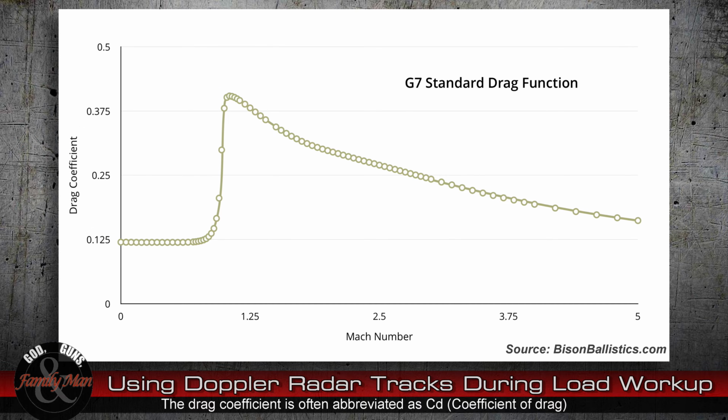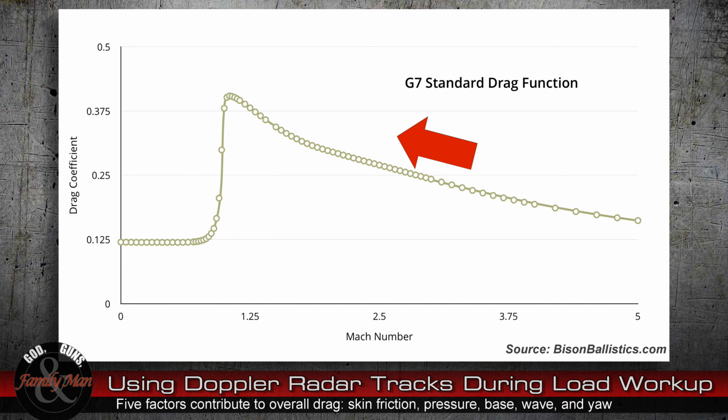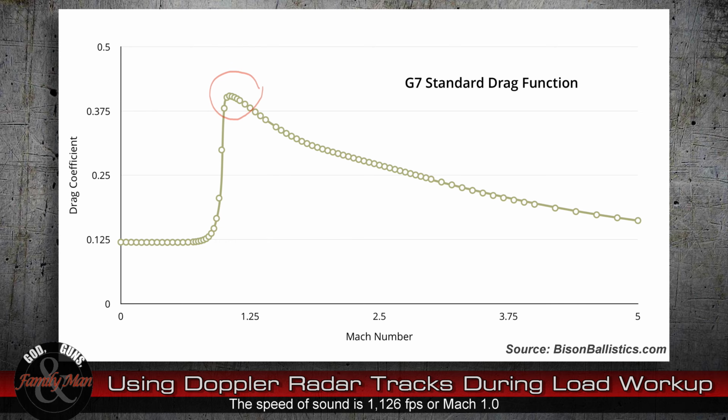At the muzzle and at those real high velocities, drag is relatively low in comparison to other points along the bullet's flight. As the bullet slows and nears the speed of sound, drag increases. Then, as the bullet passes through the sound barrier and goes subsonic, drag once again drops.